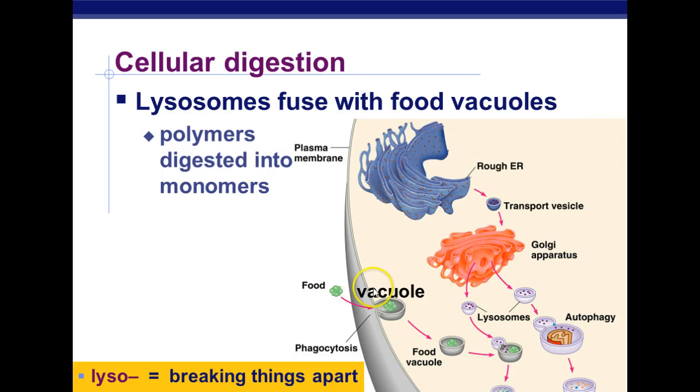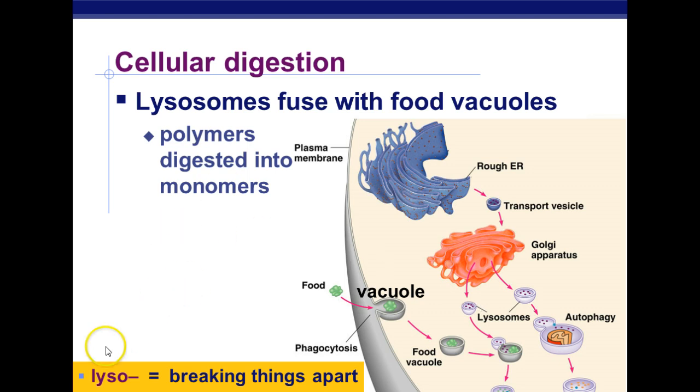So here you see the rough ER. So it assembles all of the parts of the lysosome. Then it's passed to the Golgi apparatus that finishes off now this vacuole. The lysosome then fuses with the food vacuoles in order to digest its contents so it can be used by the cell. We call this process digestion.